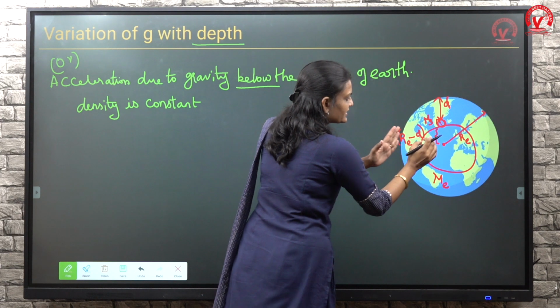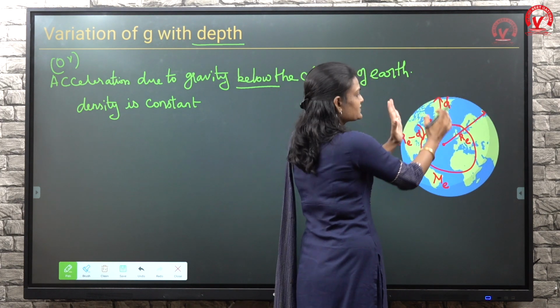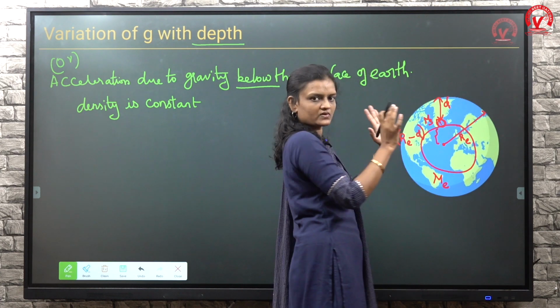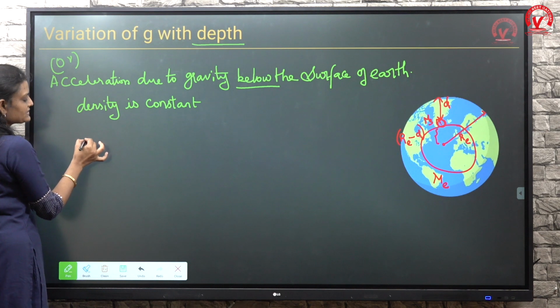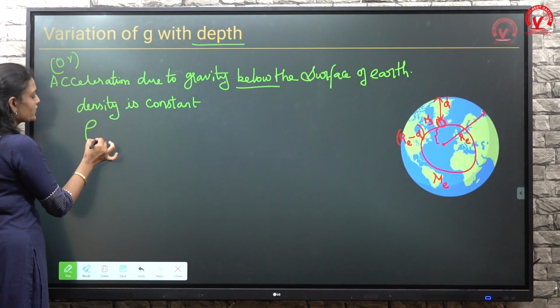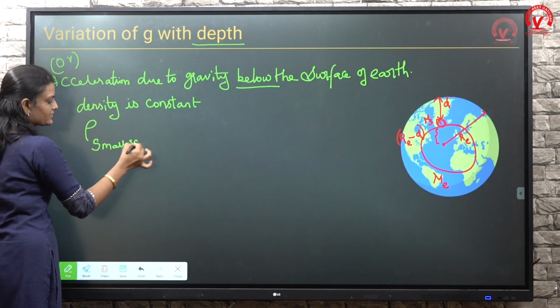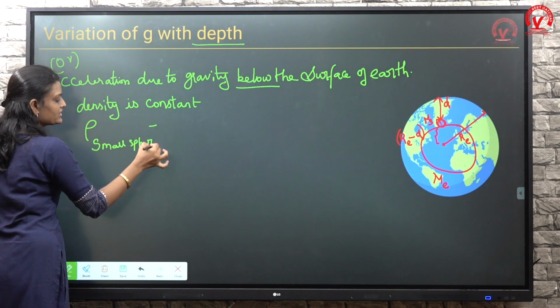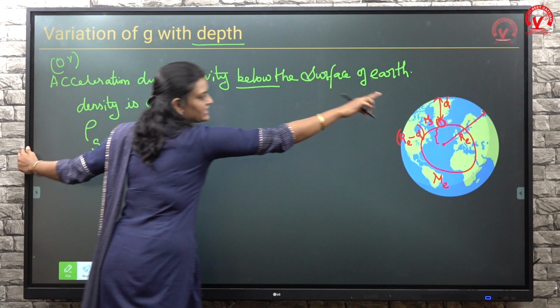I'm going to say here that the density of that small sphere as well as the whole density of earth is also constant. We are going to represent density with the symbol rho. Rho s, which is the small sphere, is equal to rho, the density of earth.